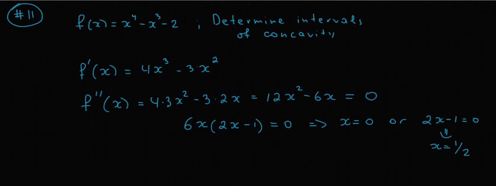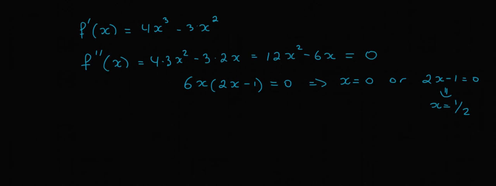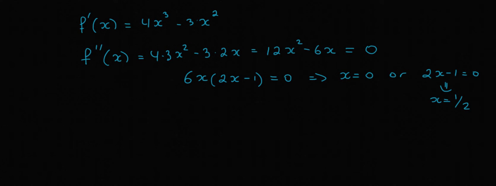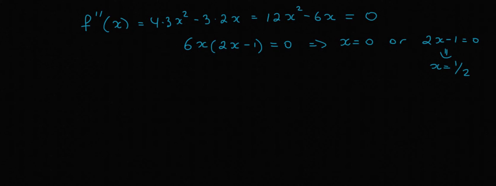And now we will draw the number line. Mark these 2 points on the number line. And we will use test points to determine where the second derivative is positive and where it's negative.